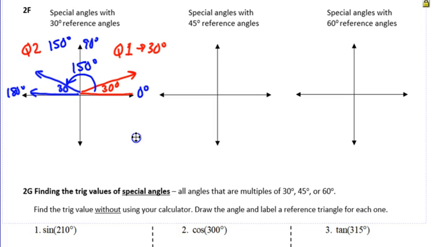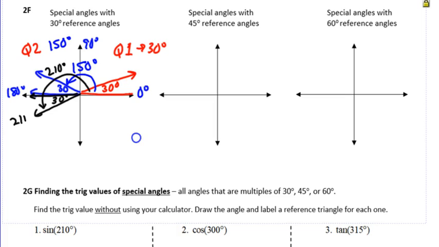So let's draw a quadrant 3 angle with a 30-degree reference angle, because remember our reference angle has to be along the x-axis. So that would be where the 30-degree reference angle is in quadrant 3. So if I were to draw the angle that goes all the way around from 0 to this angle, that's going to be 210 degrees.